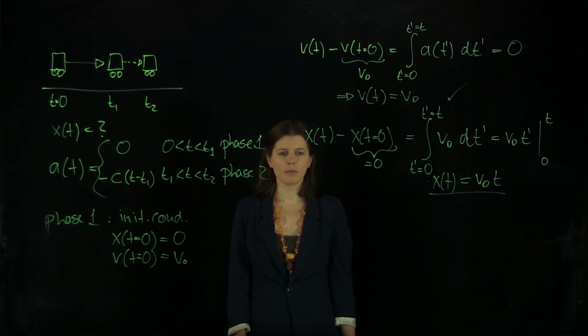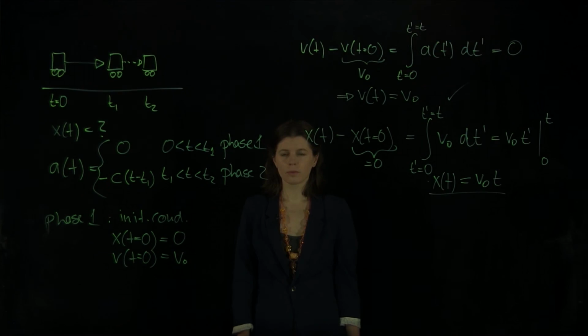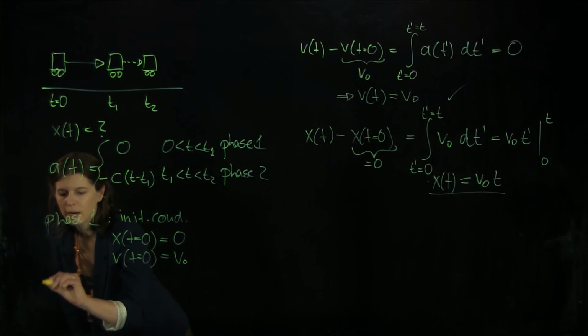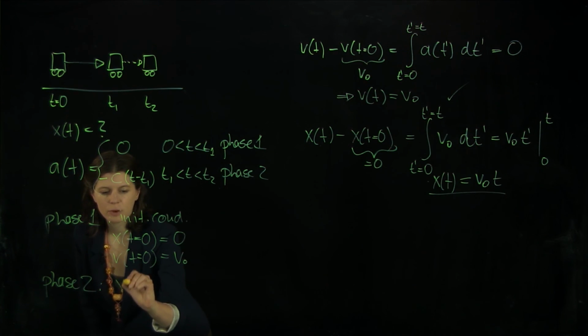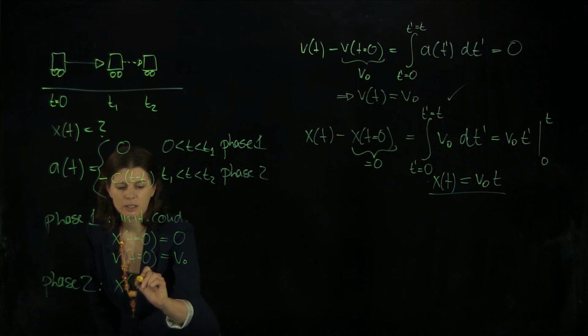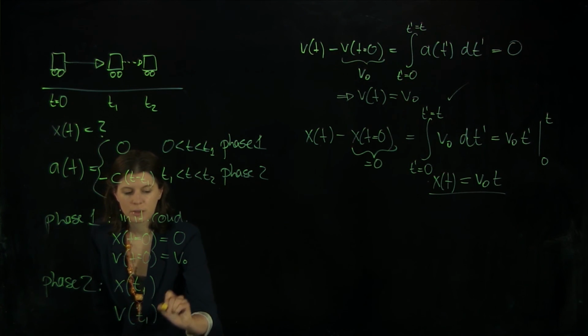Let's look at the same things for phase 2. So let's consider the initial conditions for phase 2 now. And again, now we want to, in an analogous way, look at what we know about the distance at t1 and the velocity at t1.